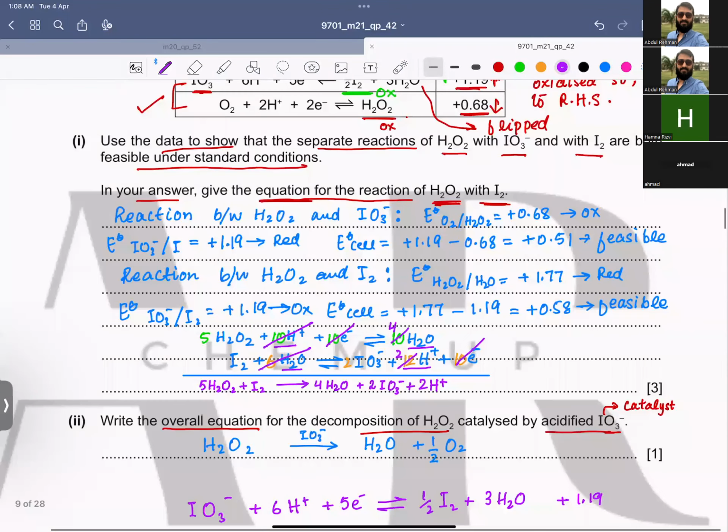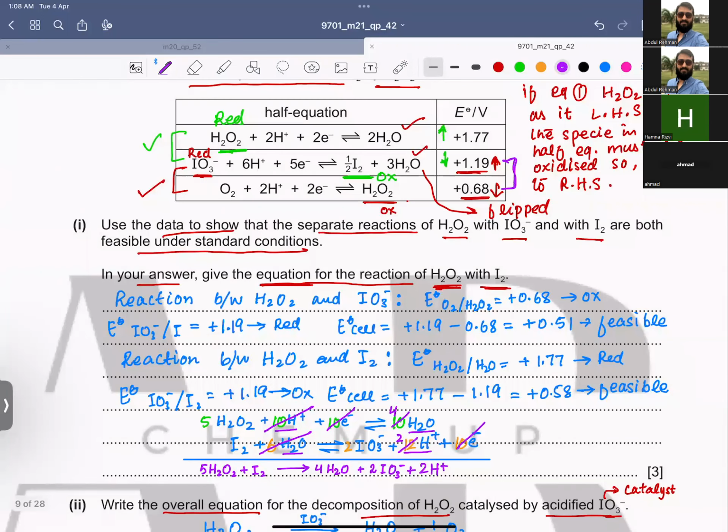So if I compare these two equations, as its value is smaller, it will undergo oxidation, and if it undergoes oxidation, then I will flip its equation, right?